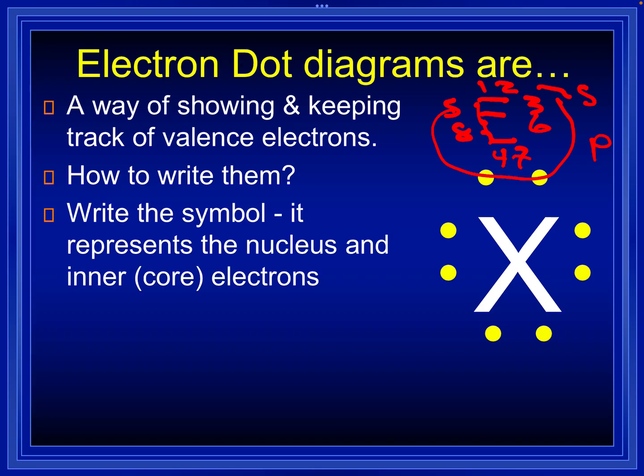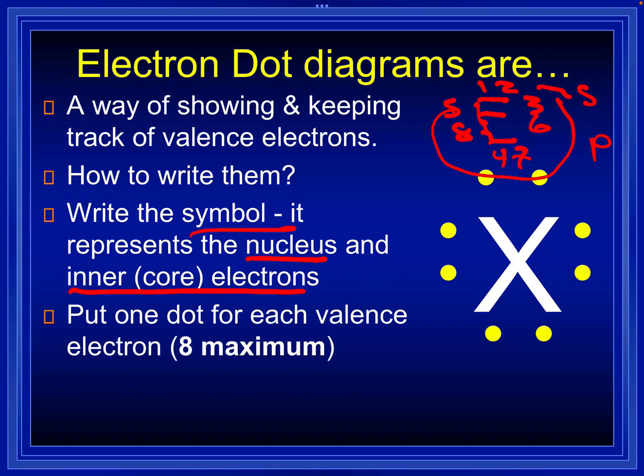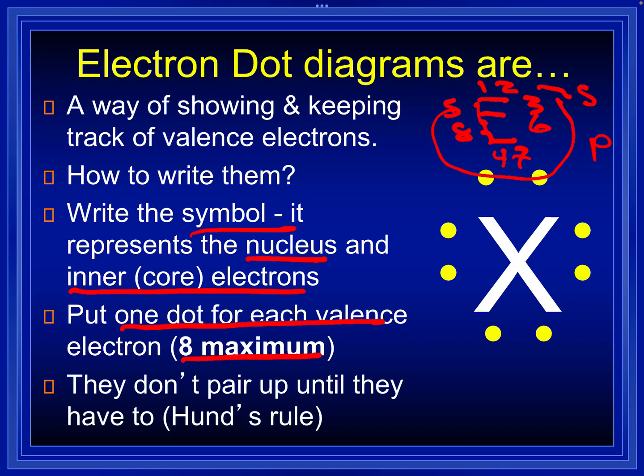So we write the symbol. It represents the nucleus and the core electrons, everything except the valence. One dot for each valence, 8 maximum. And we don't do this. We change this. We put 2 in the s, then we start the p's.